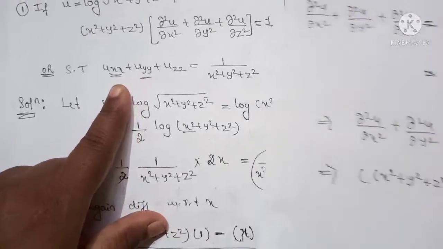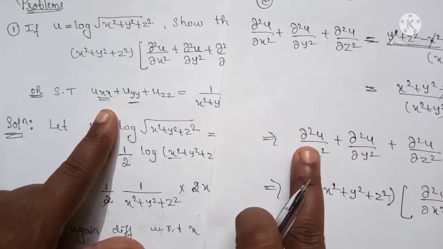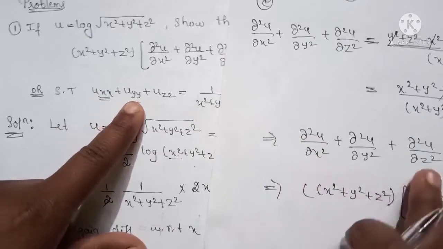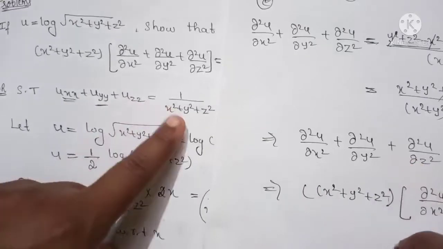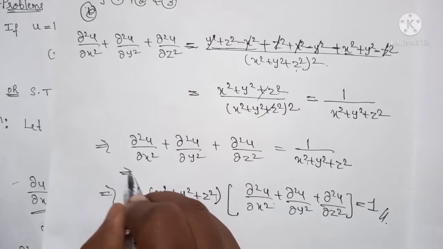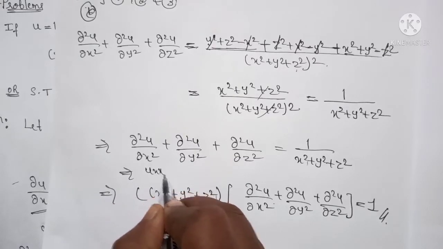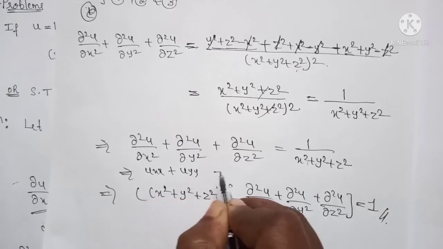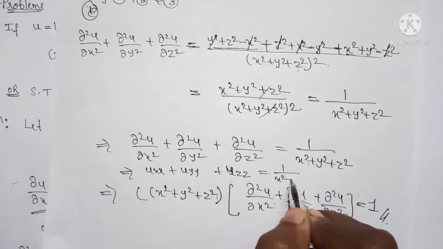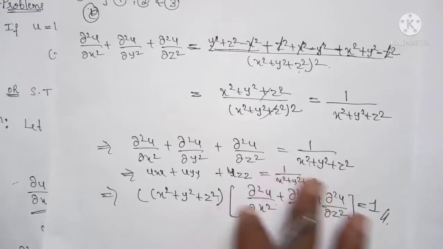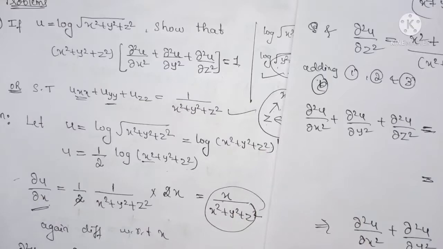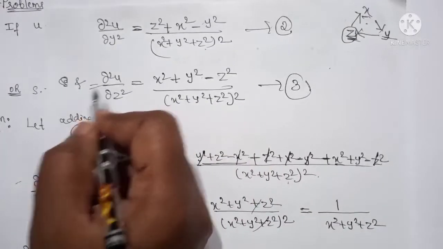We know that ∂²u/∂x² can be represented by u_xx, then u_yy, u_zz. So it can be written as u_xx plus u_yy plus u_zz equals 1 by x square plus y square plus z square. If you want to show this, you just change the representation.